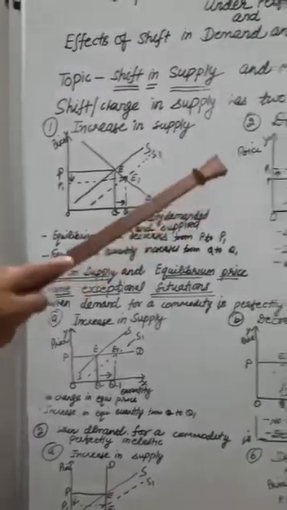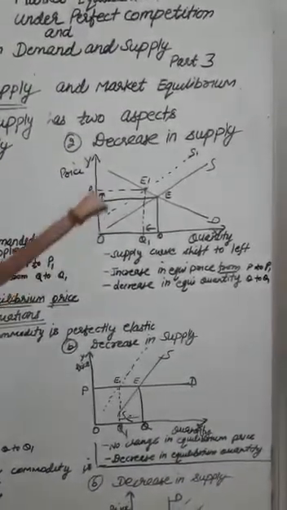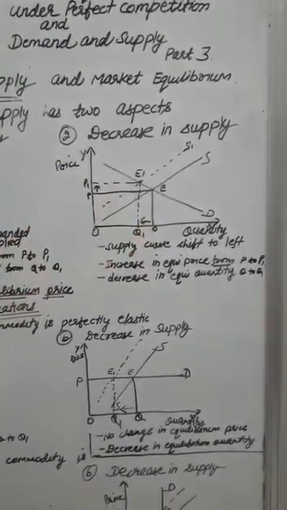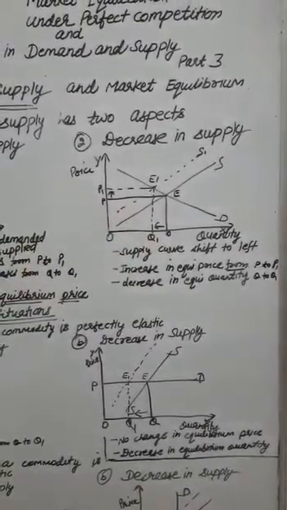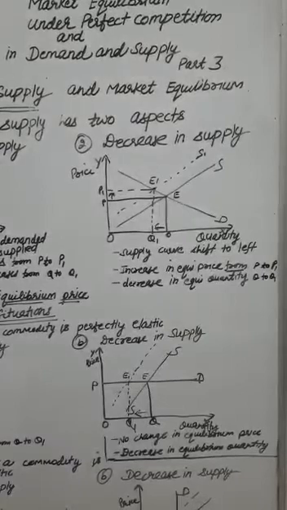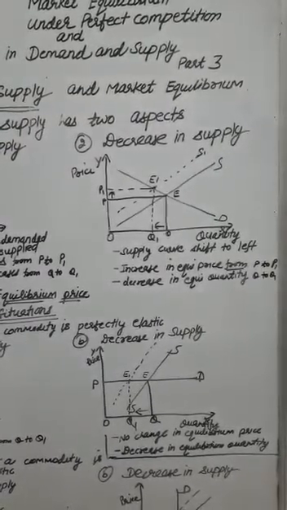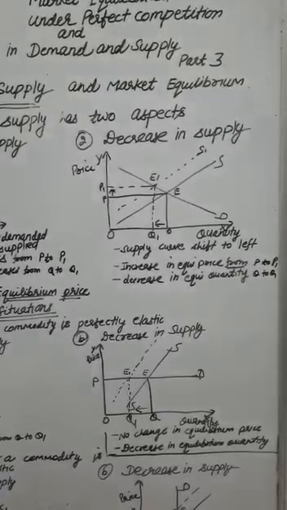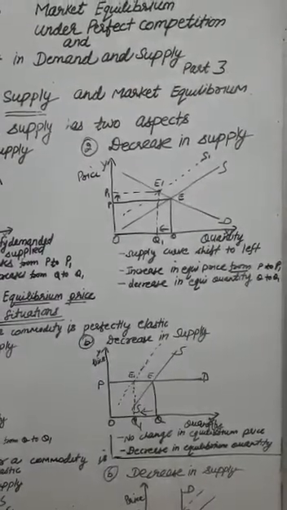Now decrease in supply. In case of decrease in supply, the original demand curve is D, S is the supply curve, E is the point of equilibrium, equilibrium quantity is Q and equilibrium price is P. Now supply decreases. It means supply curve shifts leftward side.